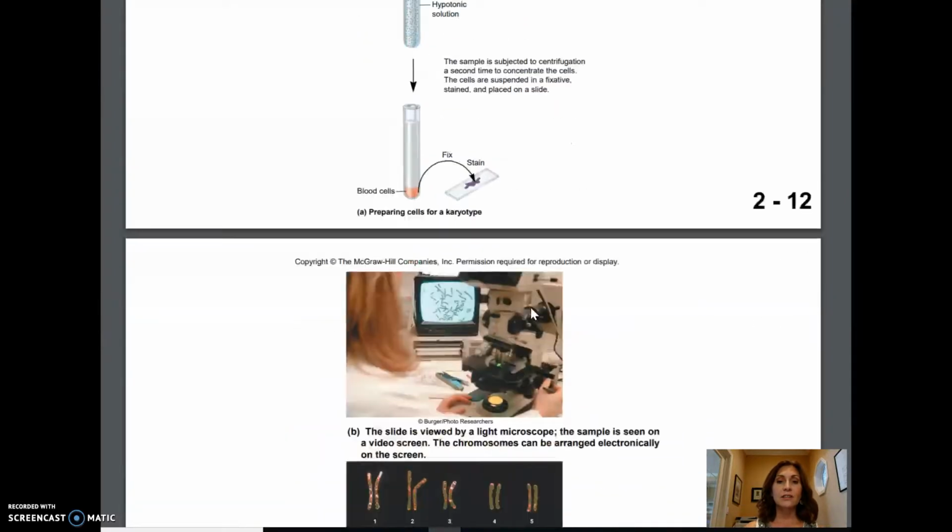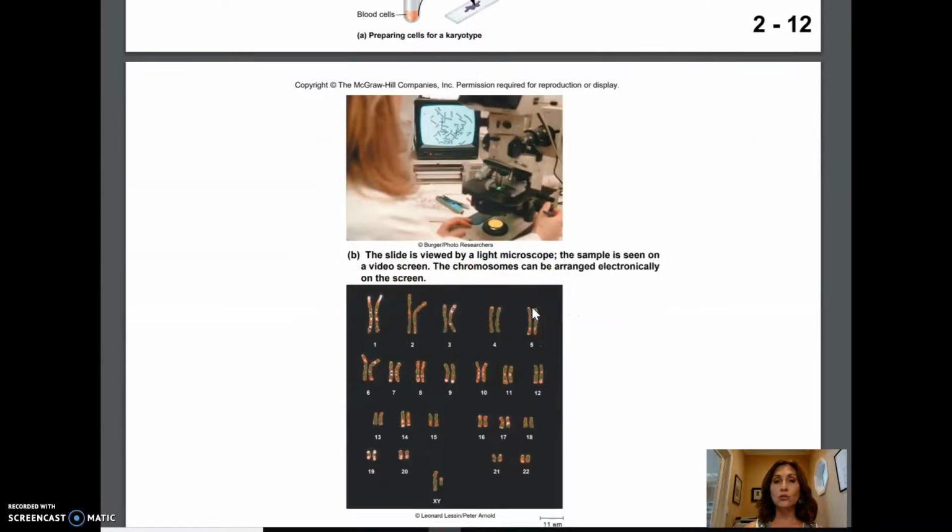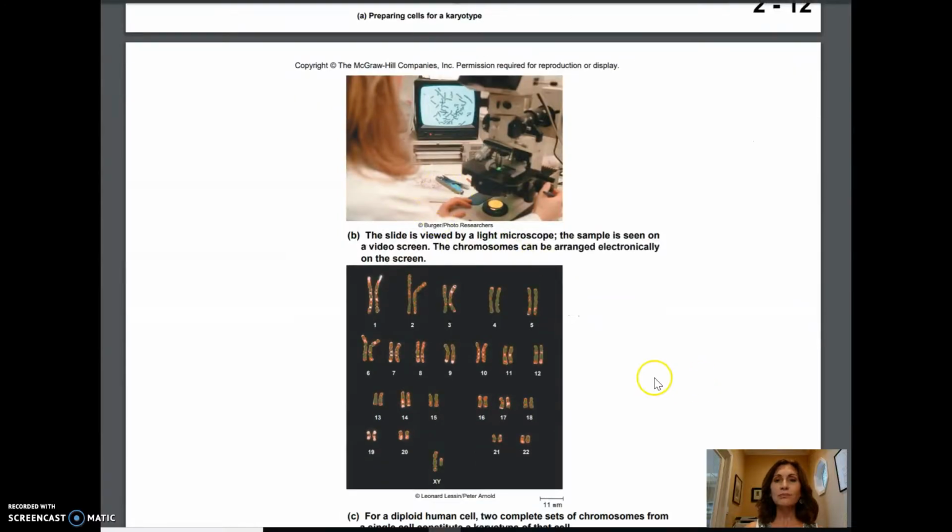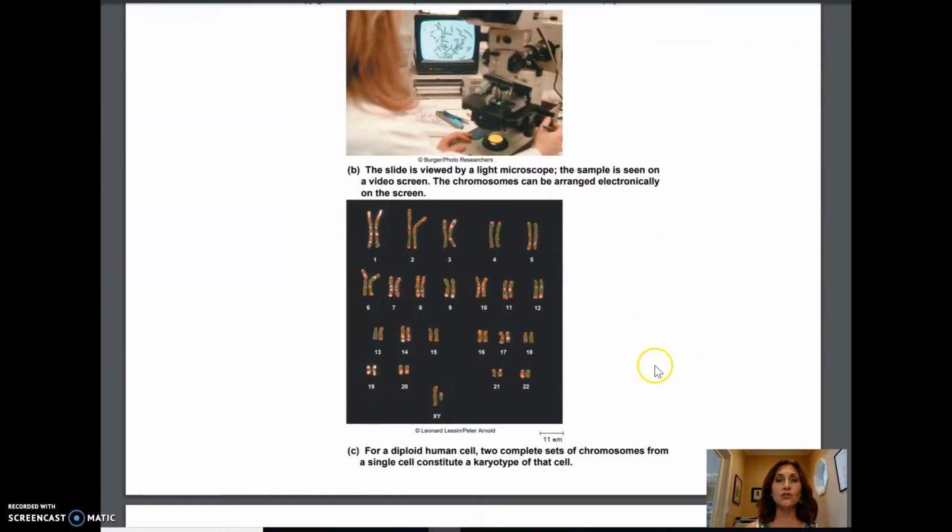After that, a technician usually has a certain type of stain that they can use to dye individual chromosomes, and then you take a picture of the chromosomes, and using a computer you can clip out each individual chromosome. So you clip this one out, and based on their size you align them and organize them as chromosome 1 from mom, chromosome 1 from dad, chromosome 2, chromosome 2, chromosome 3, chromosome 3.